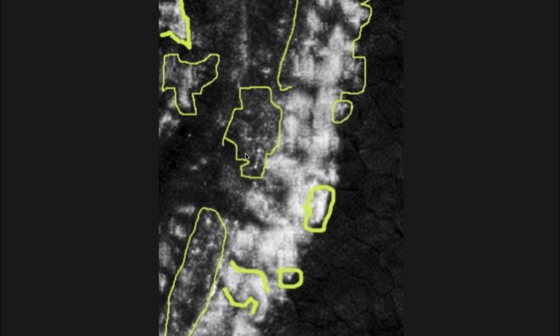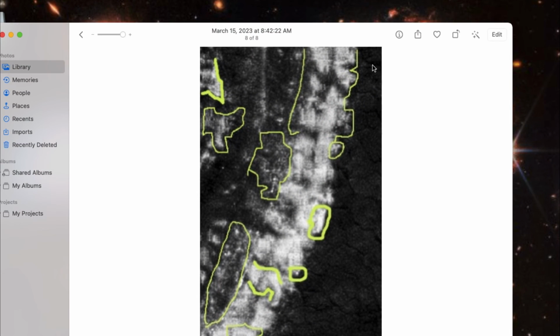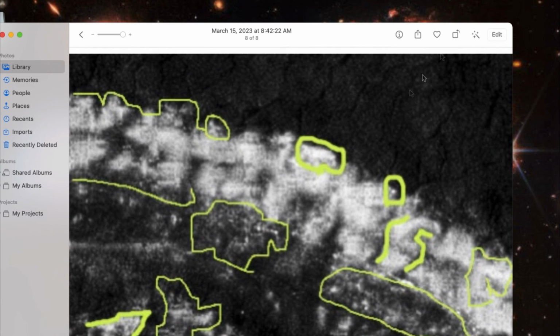Quite interesting to speculate on, you must admit. Definitely some planned topological architecture here.